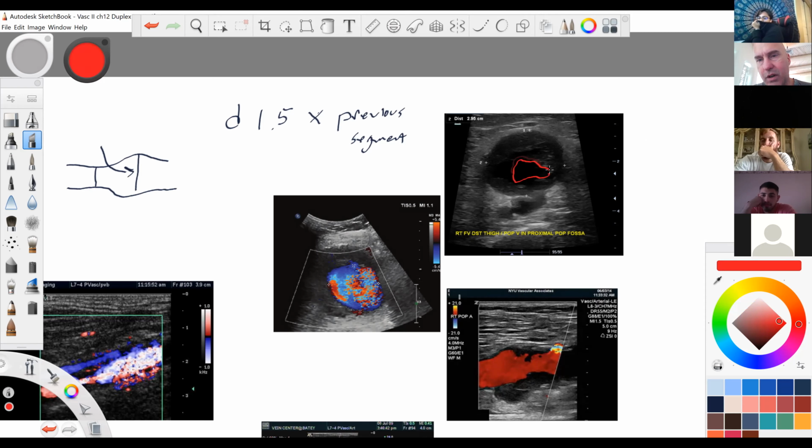I think I'm drawing in the residual lumen there. So remember, that means all of this, and you see like layers here, all of that is thrombus. That breaks off, blue toe.